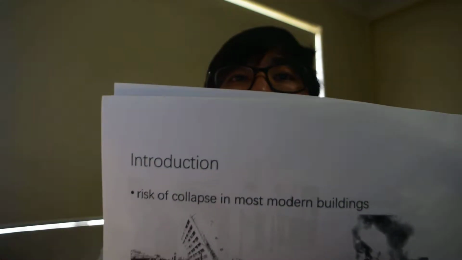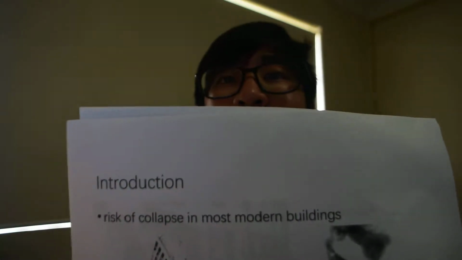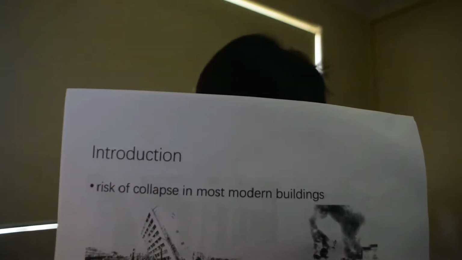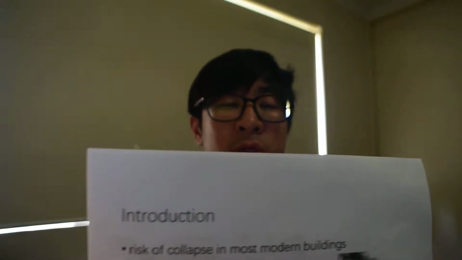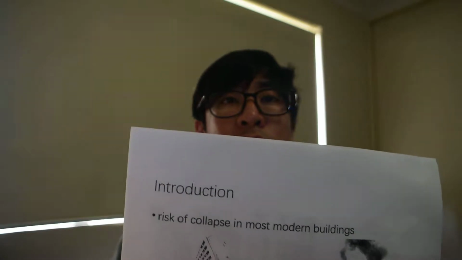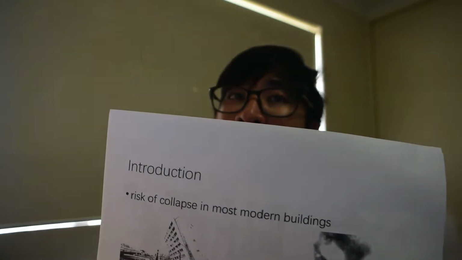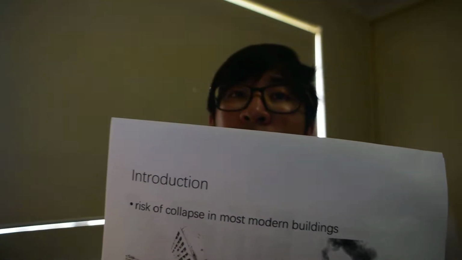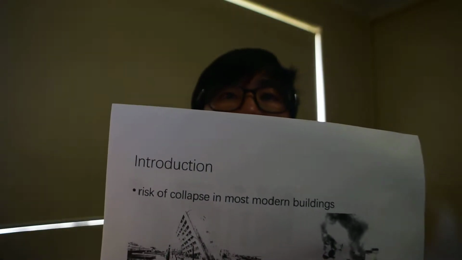Nowadays, the risk of collapse in most modern buildings is mainly due to the complex natural environment and many human factors. For example, the complex natural environment includes earthquakes and storms.